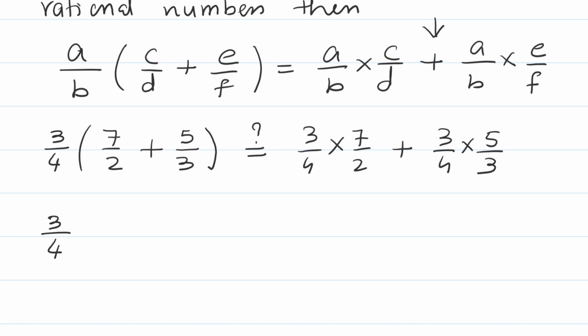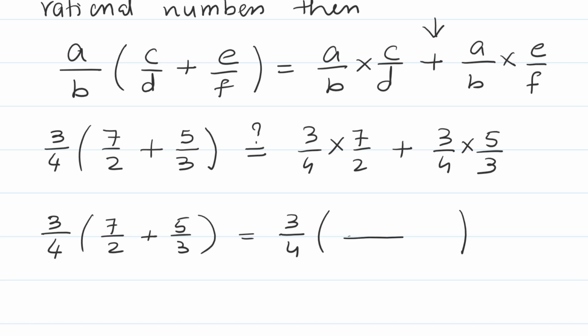Now consider LHS. 3 by 4 into bracket 7 by 2 plus 5 by 3. Simplify the expression in the bracket first.